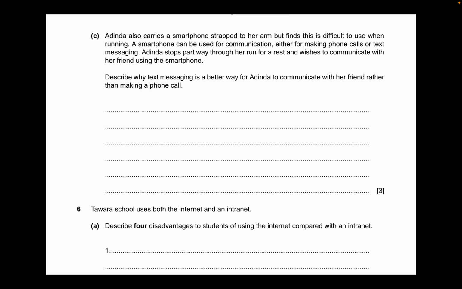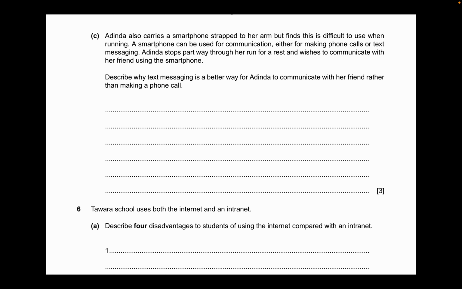Next question is that Ndinda also carries a smartphone strapped to her arm, but finds this is difficult to use when running. A smartphone can be used for communication, either for making phone calls or text messaging. Ndinda stops part way through a run for a rest and wishes to communicate with a friend using the smartphone. Describe why text messaging is a better way for Ndinda to communicate with a friend rather than making a phone call.